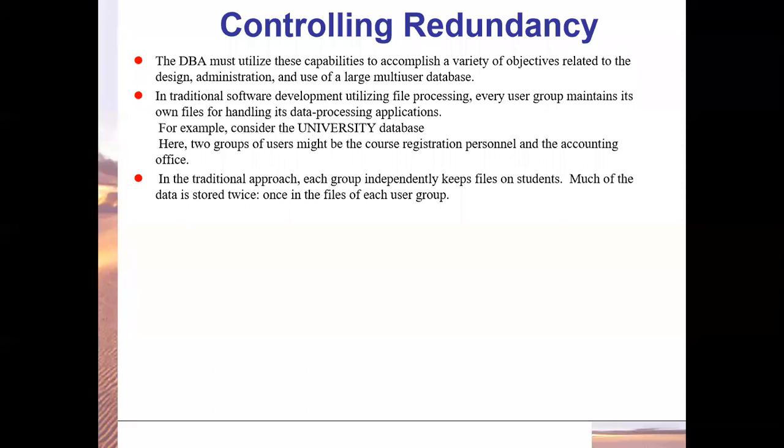But in such a storage technique, what is the problem? The structure you have defined to store the details will be separately stored in every file. You can't define the storage structure at one location and have both access it. So that cannot happen in a traditional file processing system.